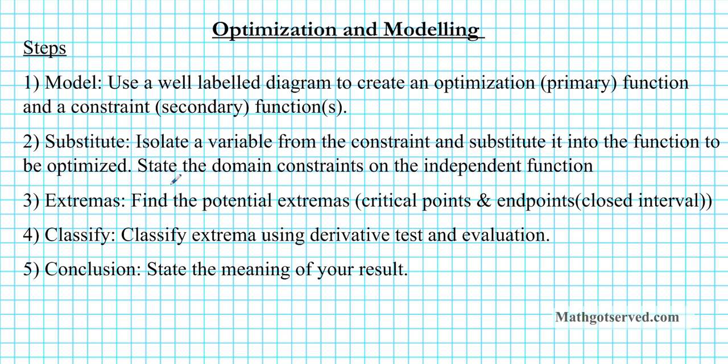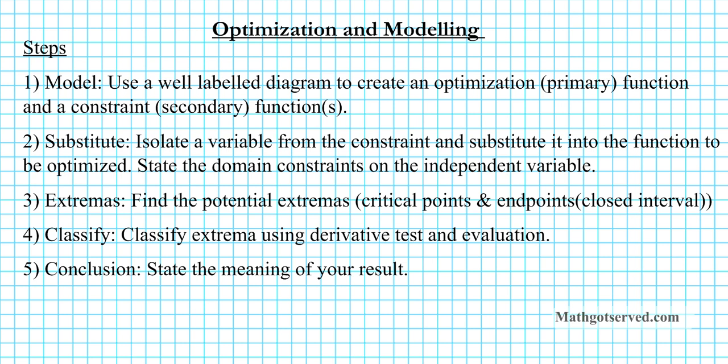That enables us to differentiate the optimization function in terms of just one variable as opposed to multiple variables. And after we create that new function in terms of just one variable, we're going to state the domain constraints in that one independent variable that we have.